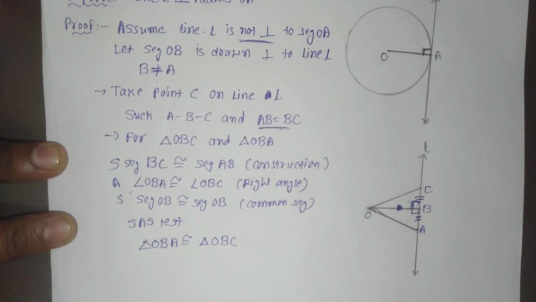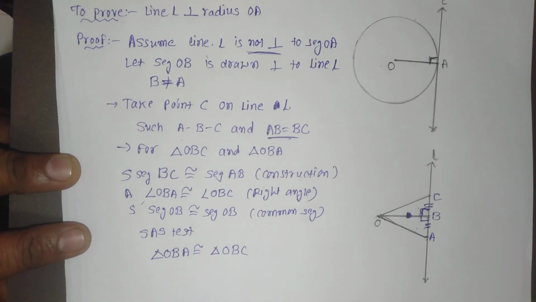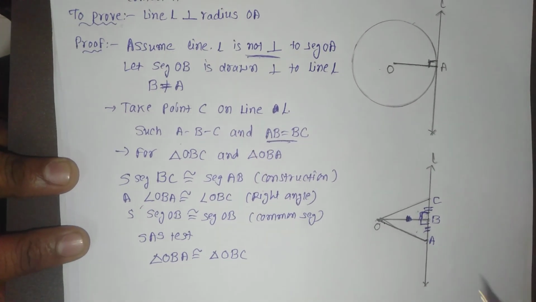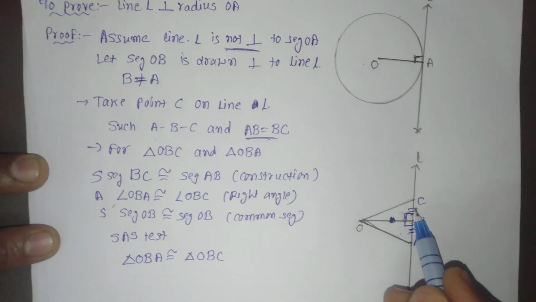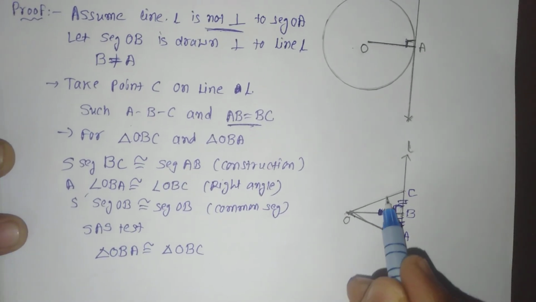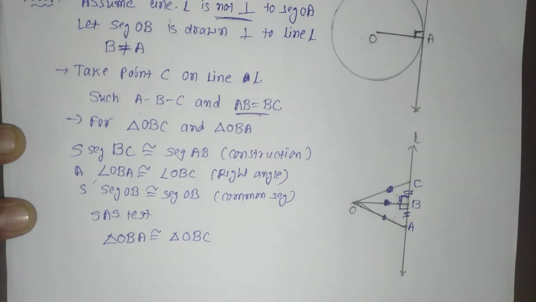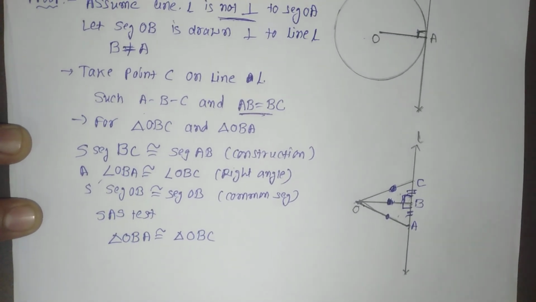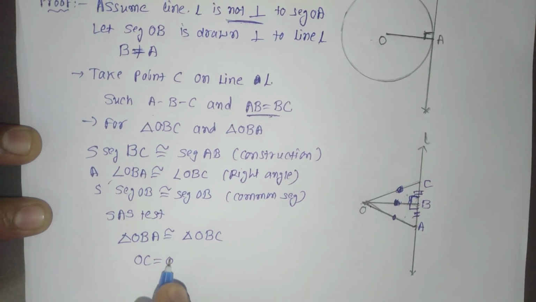Both these triangles become congruent as per SAS test. If it is so, then the remaining parts will also be congruent. So I can say that OC is equal to OA.